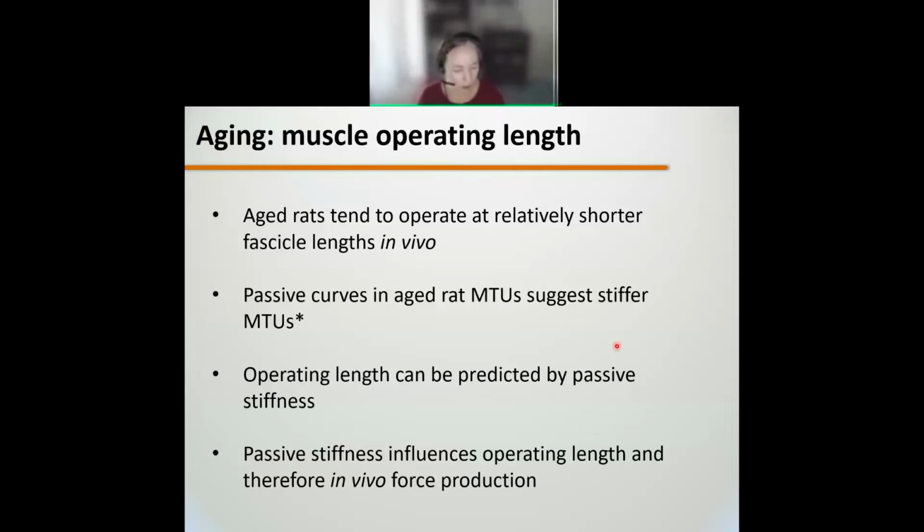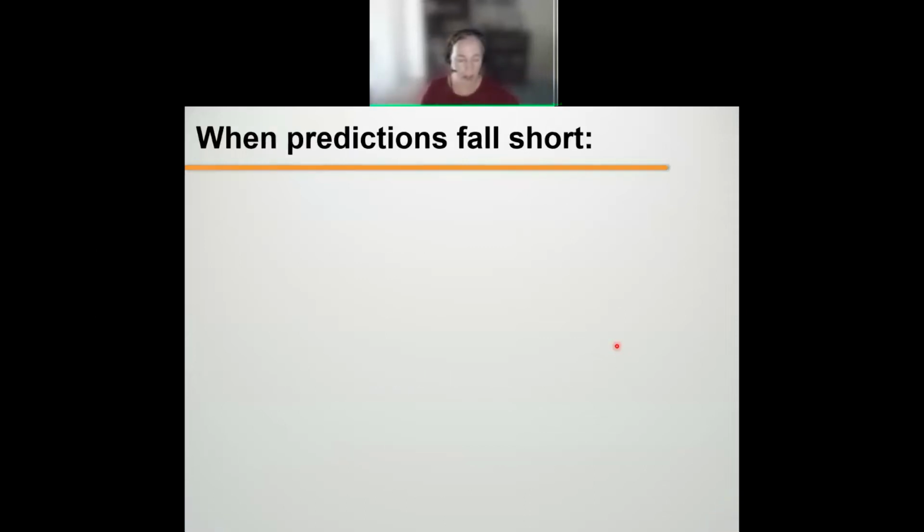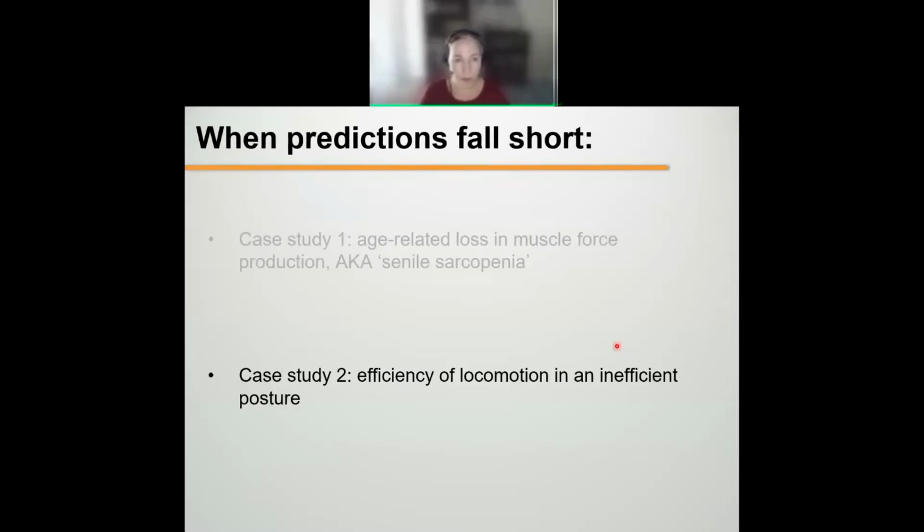But what is intriguing about this is that the role of passive stiffness in dynamically interacting with muscle operating length is perhaps more important than we previously have considered, and certainly could be contributing to some general declines in locomotor activity of aged individuals. I'm going to try to speed this up.